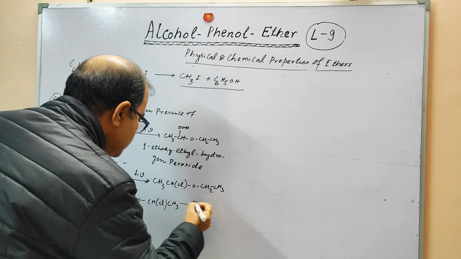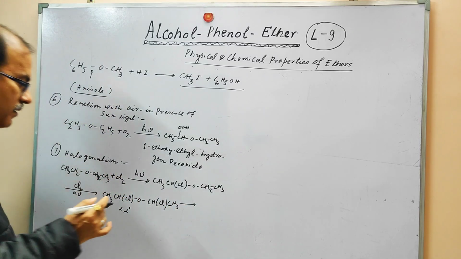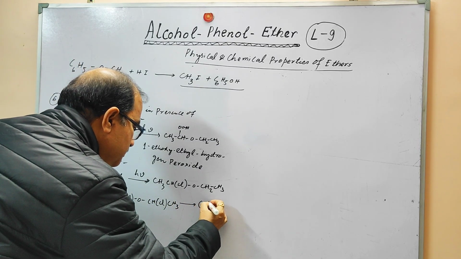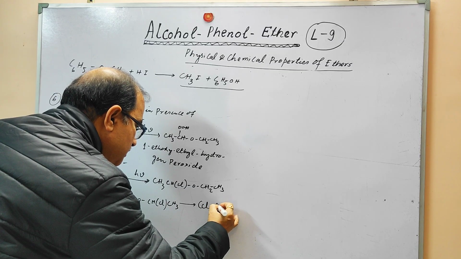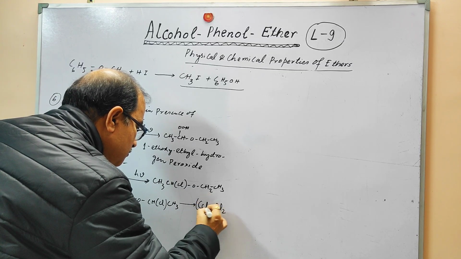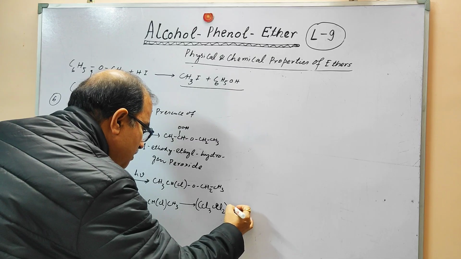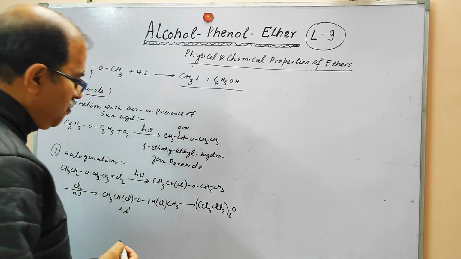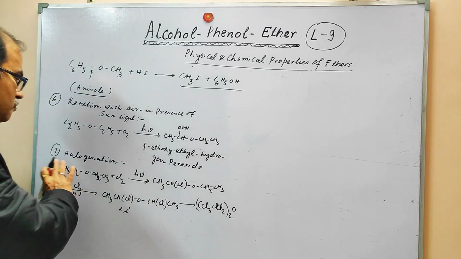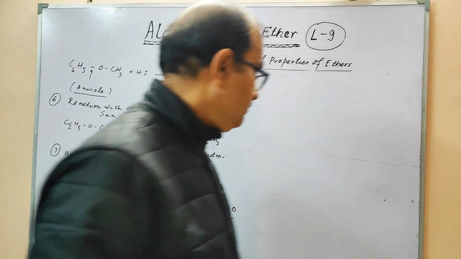Now when it is in excess chlorine, it is going to produce CCl3-CCl2-O-CCl2-CCl3, and this is the perchlorodiethyl ether. So this is the halogenation reaction.